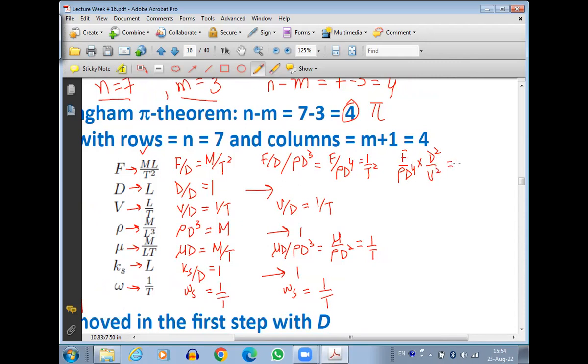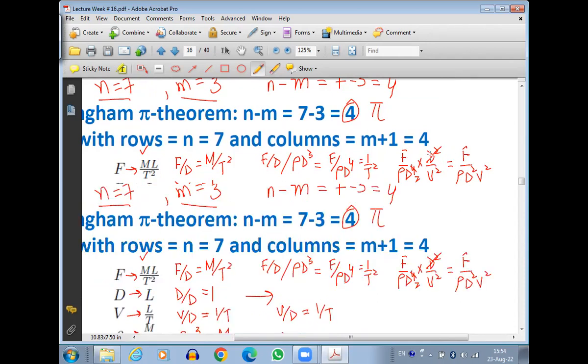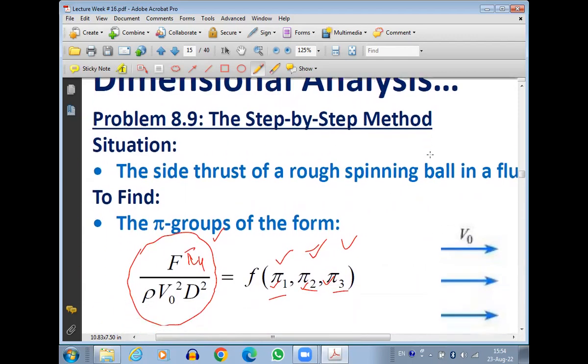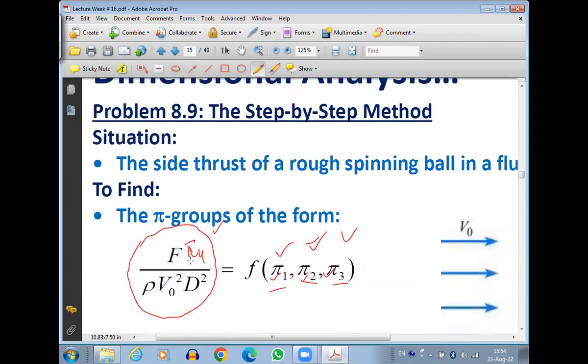What we're going to get is F upon rho D square V square. And now it's dimensionless. There is no dimension here. And if you look here, we have actually achieved one of the dimensionless parameters which we wanted to achieve.